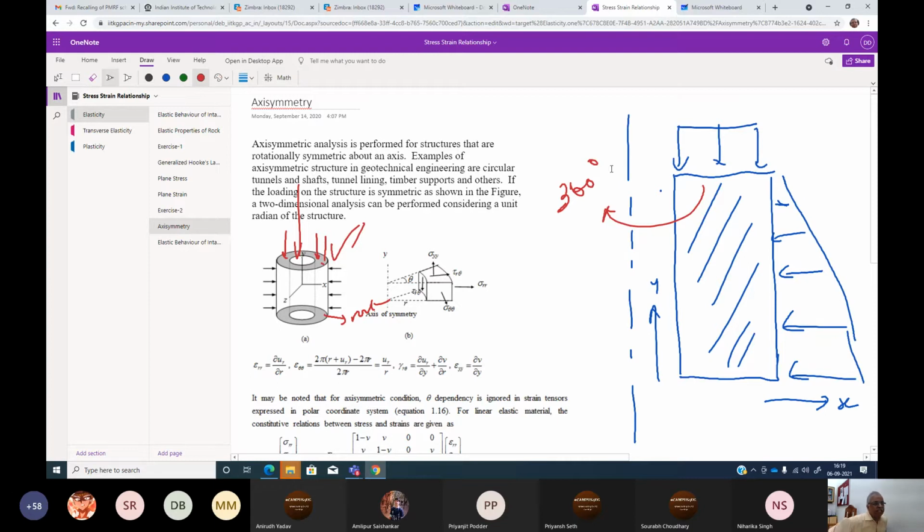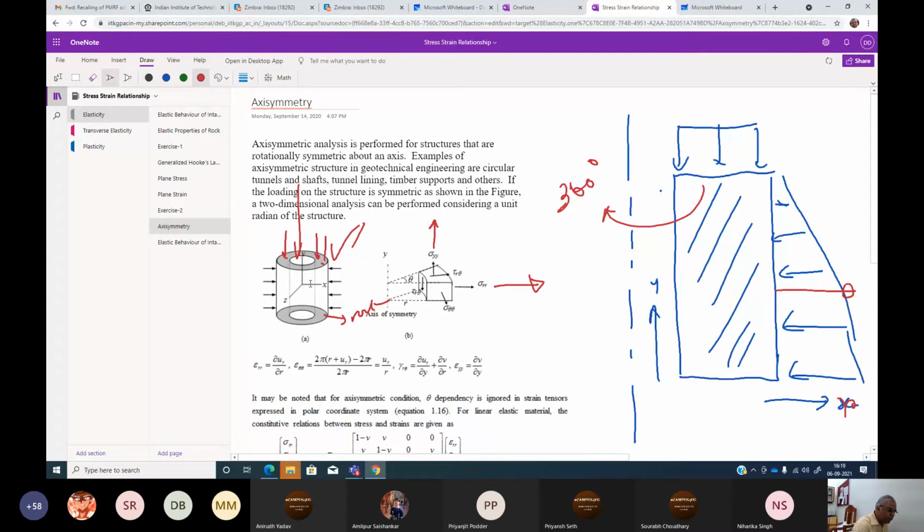Now, in that particular case, what it is showing here is there will be four stresses. One is sigma yy along the symmetrical axis. There will be sigma rr, which we call the radial stress. It is radially coming out.